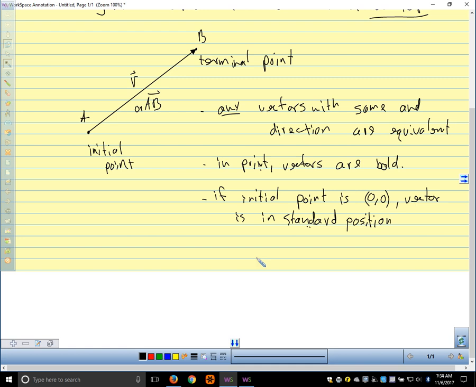And if the terminal point is the point v1, v2, we write that the vector v equals, with angle brackets, v1 comma v2.